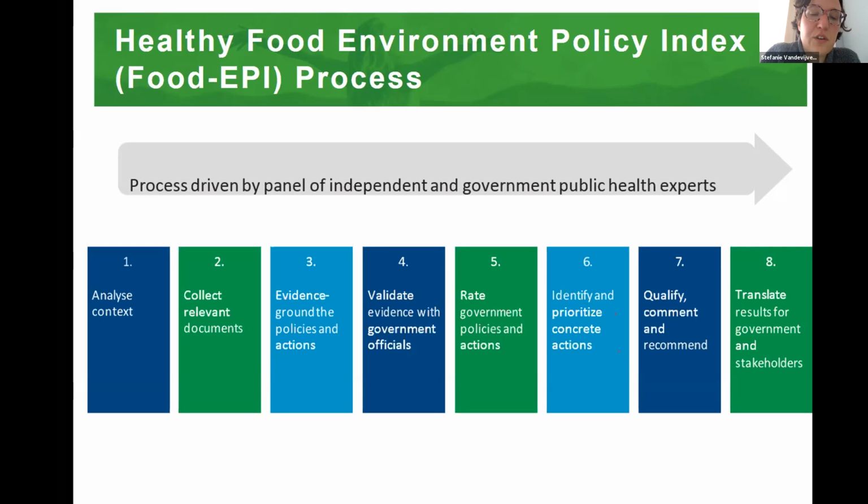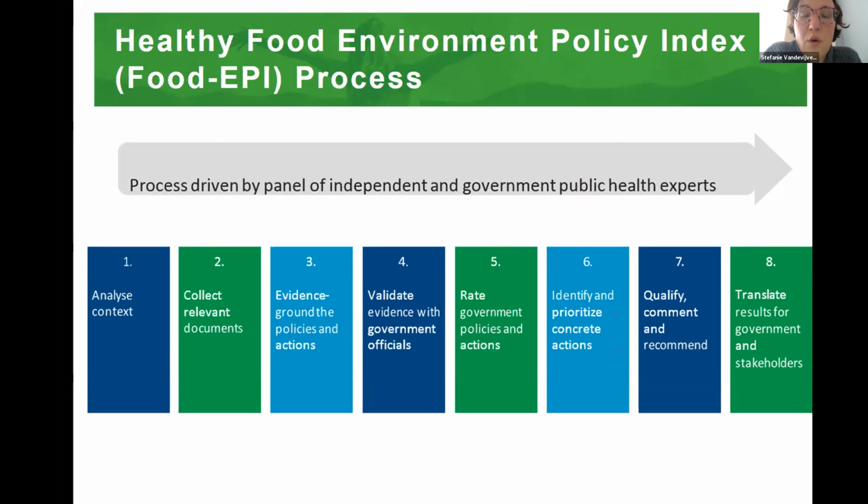The biggest work in the Food-EPI is putting together this evidence document, because for all of the 47 indicators, a comprehensive review is conducted to really detail what actions and policies the government has undertaken over a set period of time for that particular indicator. And because it's not just yes or no that a policy is implemented, all the details are really captured on any working groups that are being established, any plans and intentions of the government.